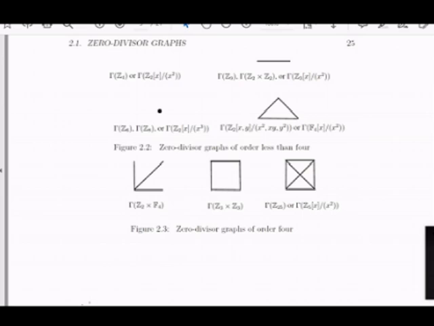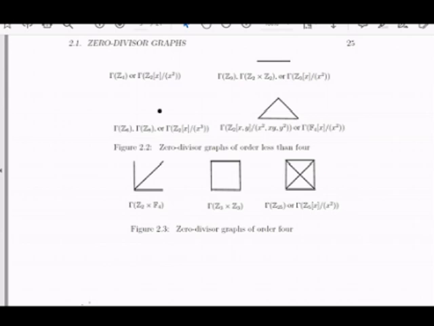Okay? If you try to sketch all the graphs with 4 vertices, simple, undirected, connected, maybe you will find 6 of them. Only these 3 are where I can find rings where the zero divisor graph gives me the given graph.